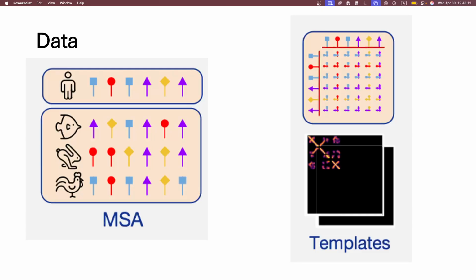So the interesting part of hemoglobin is that hemoglobin in a human is the same hemoglobin in a fish or in a rabbit or in a chicken.